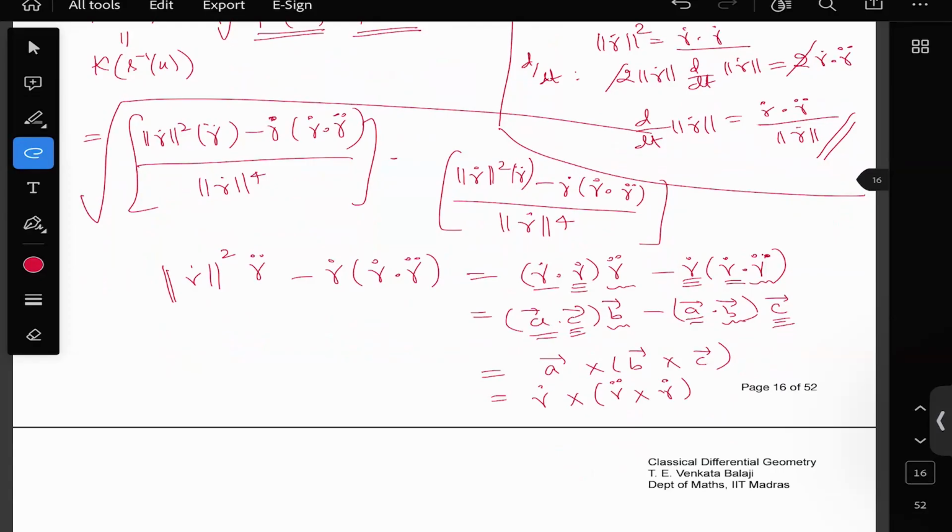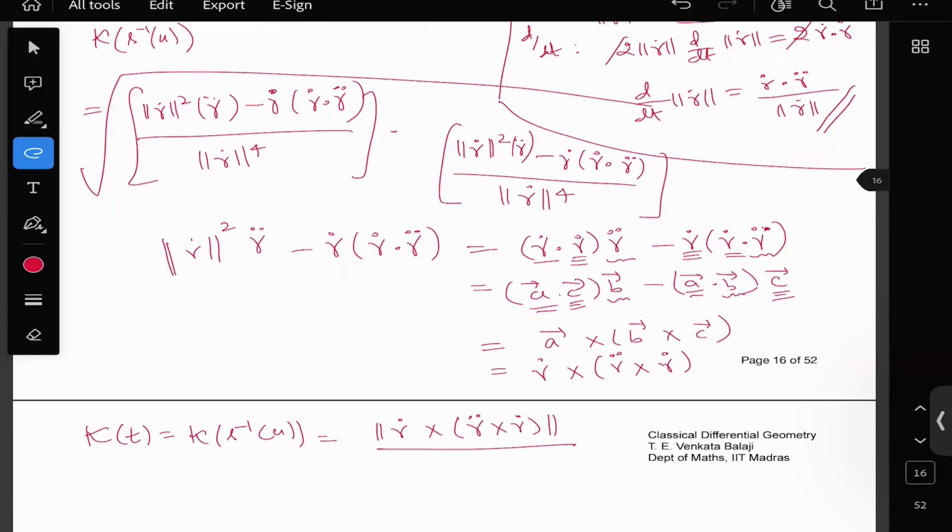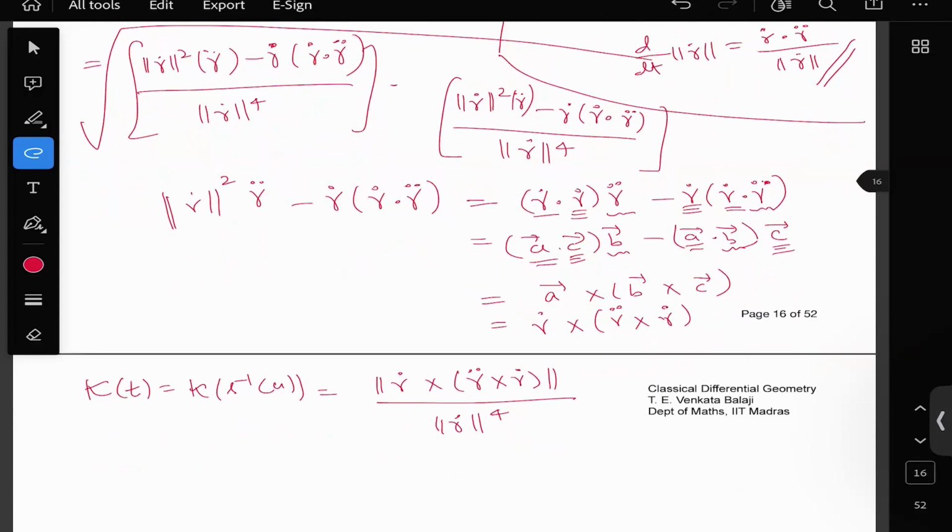So essentially what you will get is that k of t, if you want k of S inverse of u, is actually going to be, in the numerator, just the norm of gamma dot cross gamma double dot cross gamma dot, okay, divided by, in the denominator, norm gamma dot to the 4, all right.